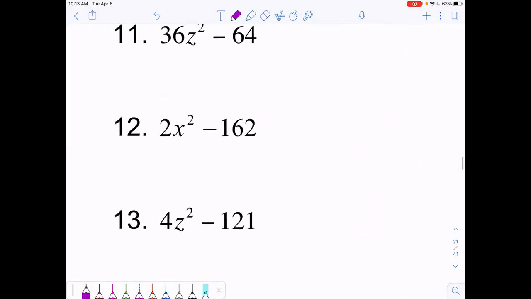If we look at number 12, TJ, what do we have to do first for number 12? GCF, good. And what is it in this case? 2, good. So if you do that, you're left with x squared minus 81.